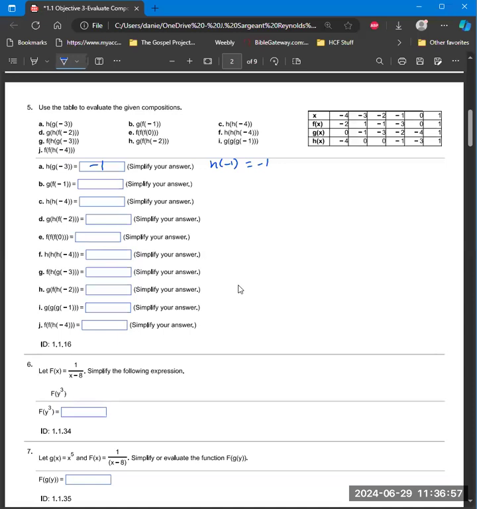I just found g of -3 there to get the -1. And then I found h of -1 to get -1. G of f of -1, so f of -1 is -3. G of -3 is -1.